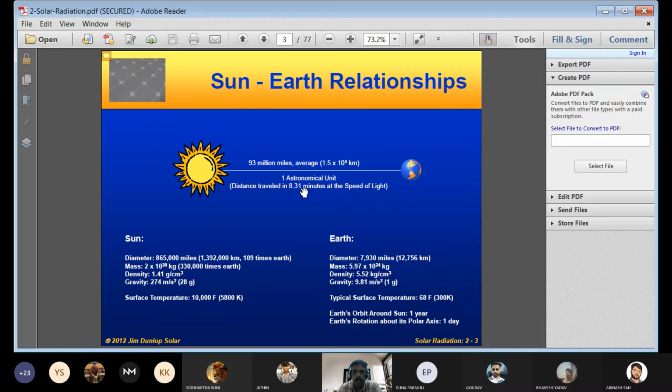What is the speed of light? 3 into 10 to the power of 8 meters per second. That means 3 lakh. 1 lakh is equal to 10 raised to 5.